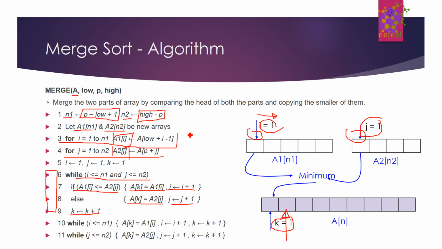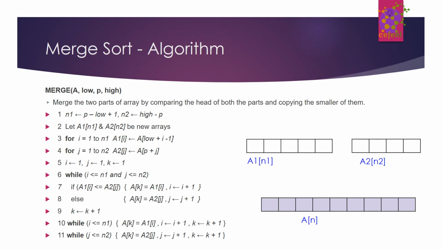So we keep doing that. This is the general idea. Let's say we increment and keep copying the elements, and at some point, let's say k reaches here and i reaches here, and j reaches the end. So this array is now done. There are no more elements to be compared from i to j.